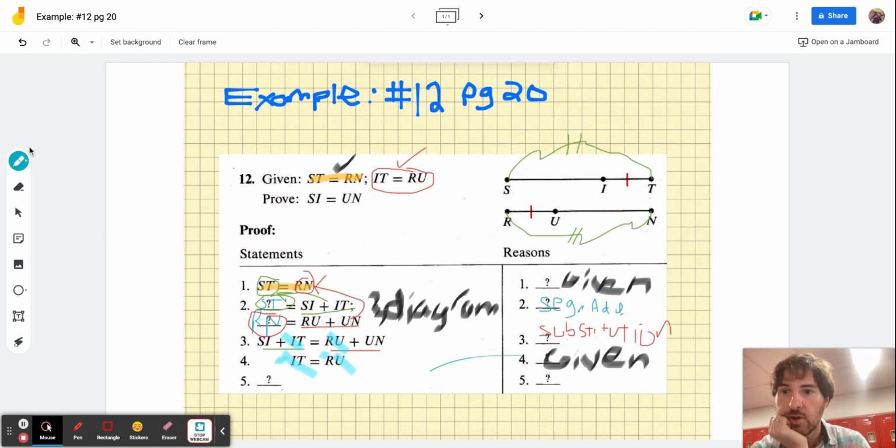So my last step is the subtraction property of equality. And now, if I subtract IT and RU from both sides, I'm just left with SI equaling UN.